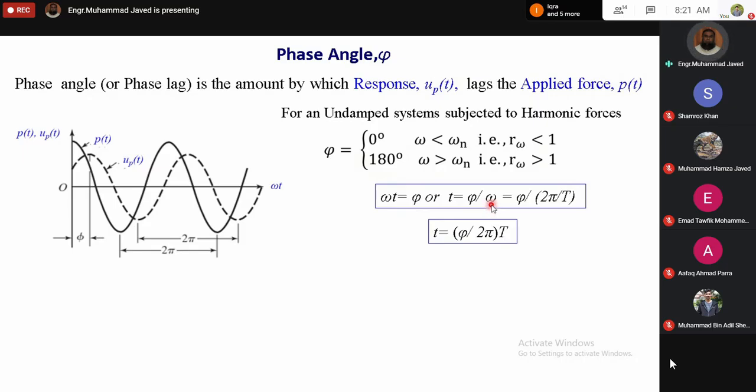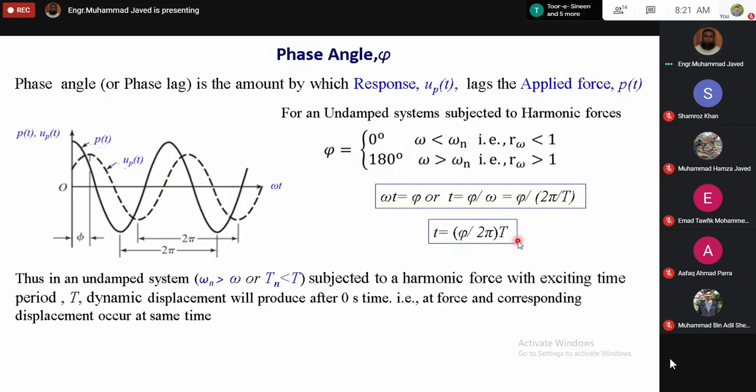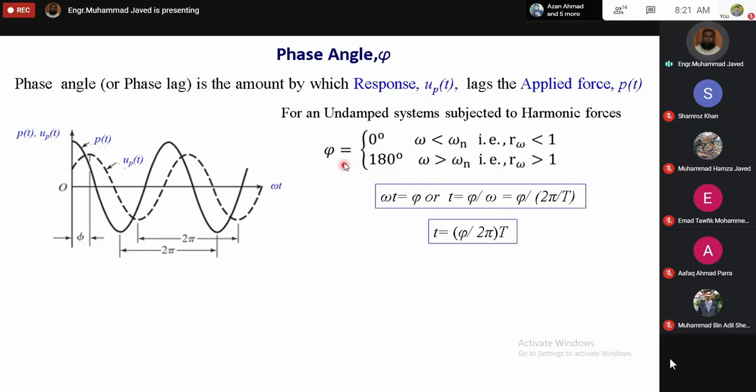And as you know that omega is equal to 2 pi by T, so t can be written as phi by 2 pi into T. So this shows that when the frequency ratio is less than 1, phi is 0 and t will be how much? t will be 0, which shows that the harmonic force and the displacement occur at the same time.